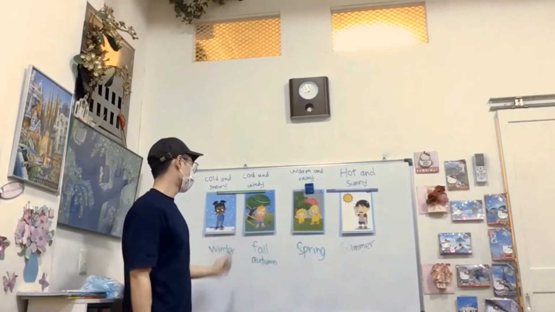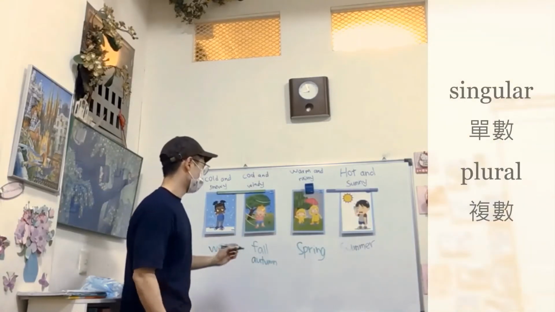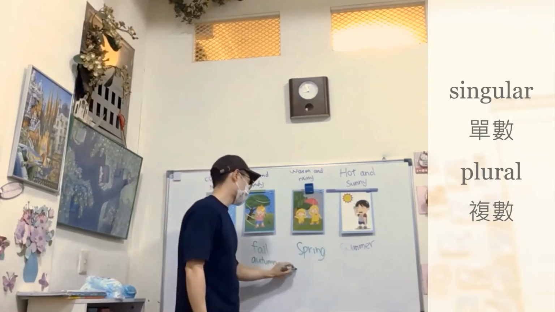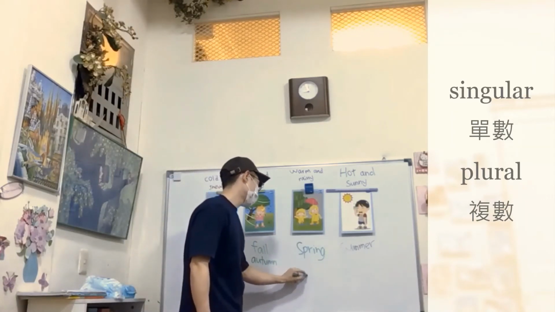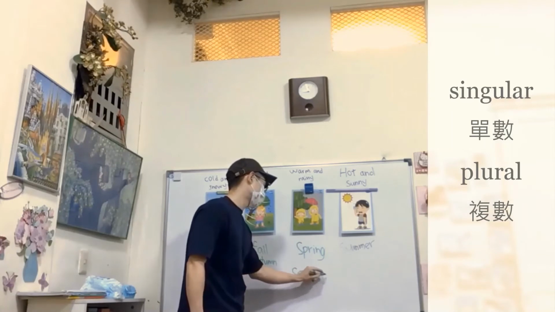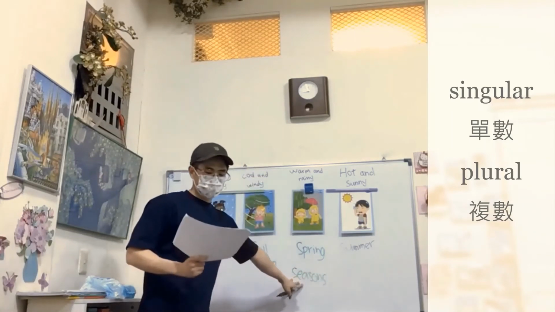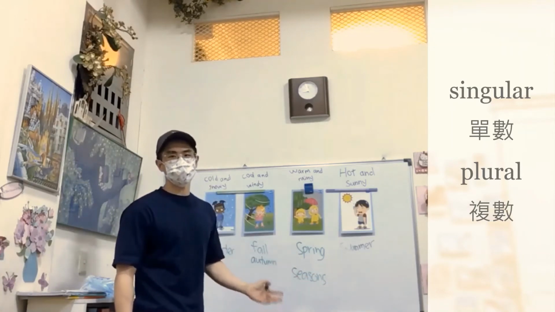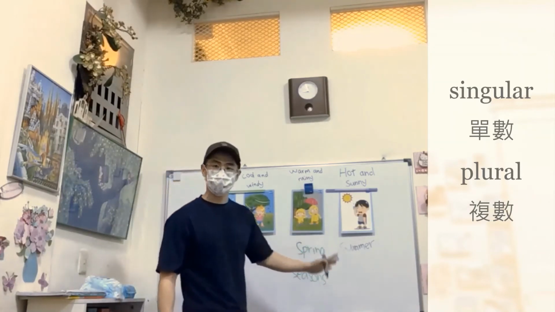Namely our spring, summer, autumn, and winter. Okay? So how do you spell the word season? Okay, season is spelled like this. S-E-A-S-O-N-S. Seasons, okay? We add an S at the back because it's plural, meaning it is more than one.